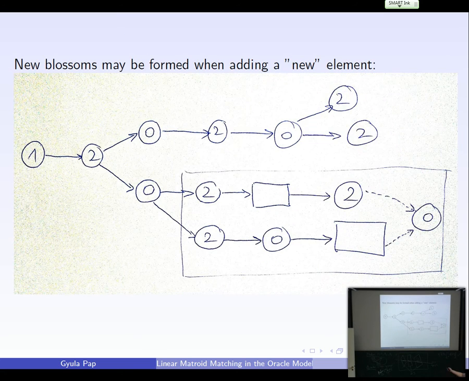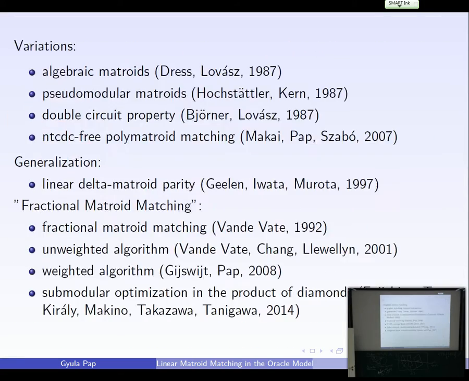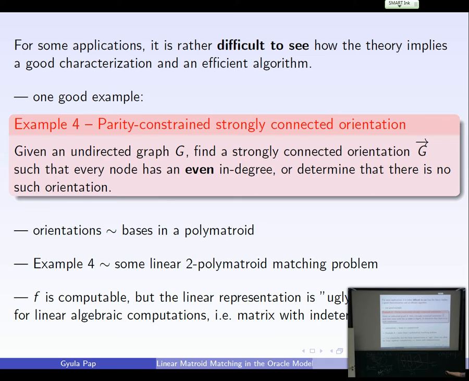If you do this, it solves the orientation problem, the problem number 4 or something like that. So this problem is solved in this way by Gabow and Stallmann. It's just not put that way in Gabow and Stallmann.